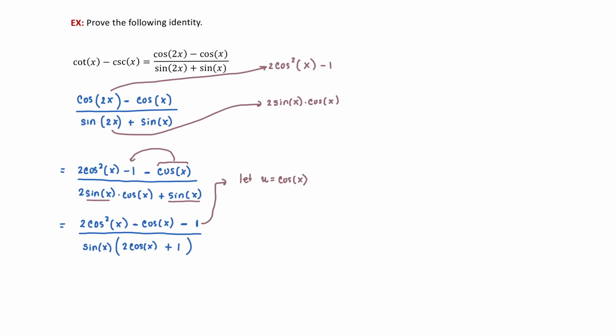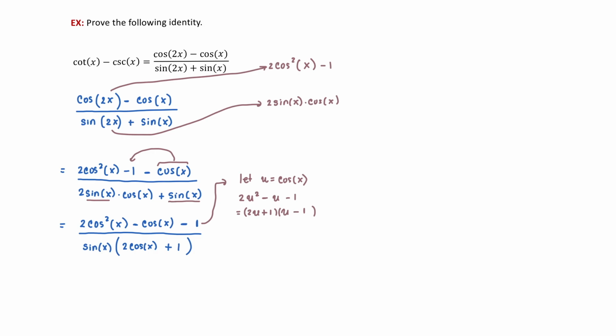That means that I can rewrite the quadratic as 2u squared minus u minus 1, and then I can factor this quadratic separately. By substituting cosine with u, the quadratic feels so much friendlier. It looks friendlier. It seems easier. So I can factor this as 2u, then u here, plus 1 and minus 1.